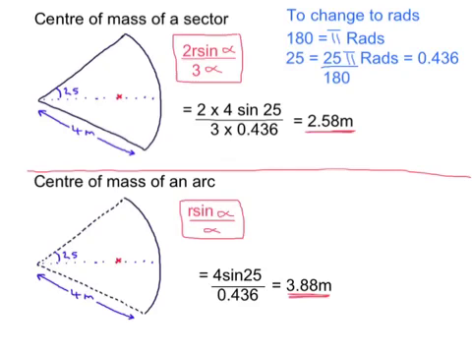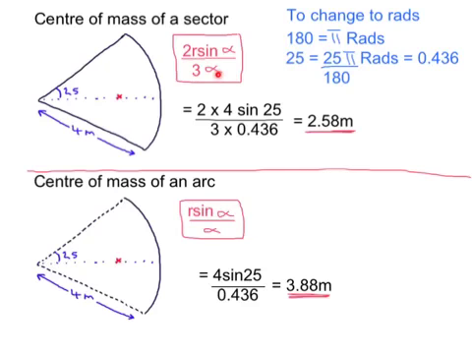Keep that in degrees, but this must be a numerical value in radians. So first I need to change 25 degrees to radians. I know 180 degrees is pi radians, so 25 degrees must be 25 out of 180 pi radians. Pi is 3.14, so working all of this out, I get this.